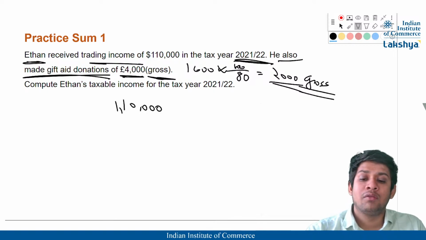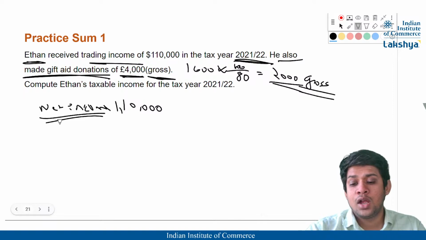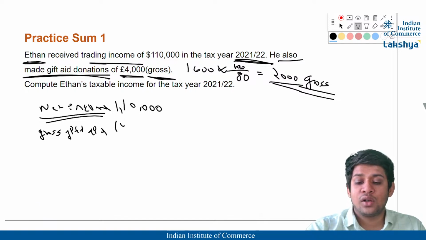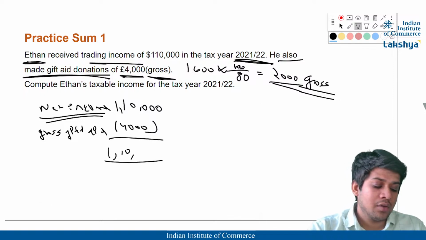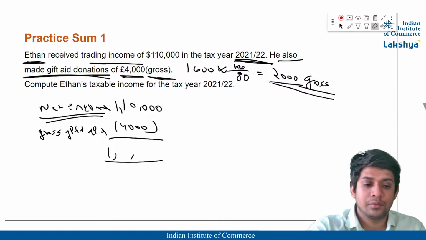Here 1,10,000 is my net income because obviously there are no reliefs. From this, I will deduct firstly the gross gift aid donations of 4,000. So my adjusted net income becomes 1,10,000 minus 4,000, that is 1,06,000, correct?